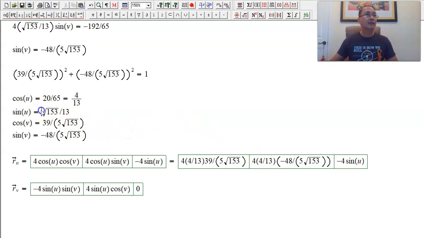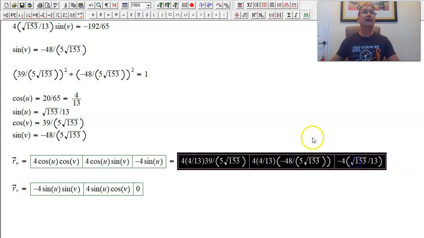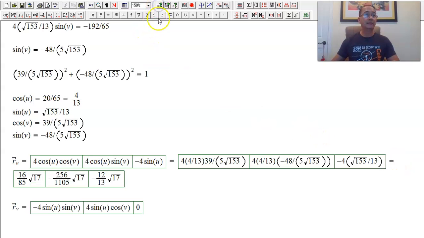Minus 4 sine of u, so we have this. Okay, there we go. So, we have this ugly radical 53 in the denominator, but fortunately, it's in the numerator over here, so we can make it go away. So first, let's simplify. What do we got here?